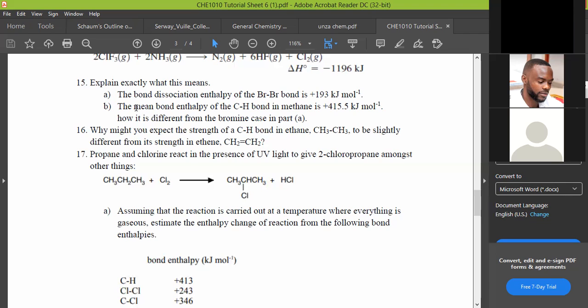Mean means average. So the average bond enthalpy of the carbon-hydrogen bond in methane is 415.5 kilojoules per mole.